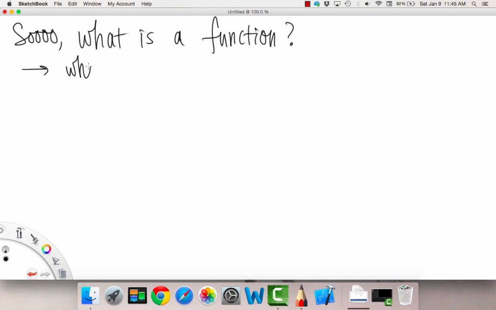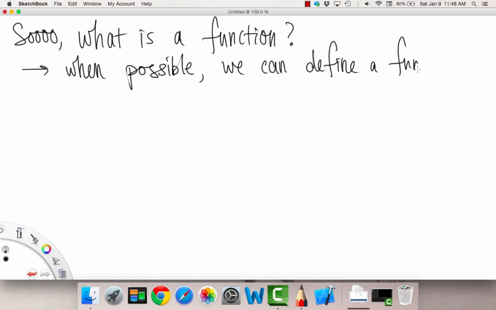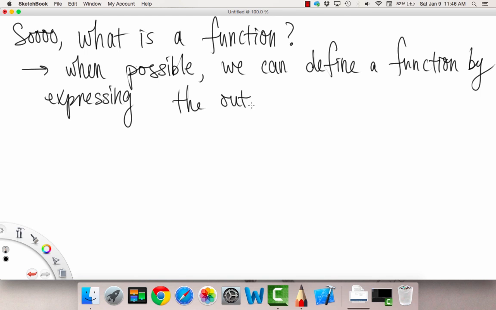Because when possible, what we do is we represent functions with particular formulas, okay? So when possible, we can define a function by expressing some kind of relationship between two quantities, by expressing the output, that means our dependent variable, as a formula, some kind of formulaic thing, right?